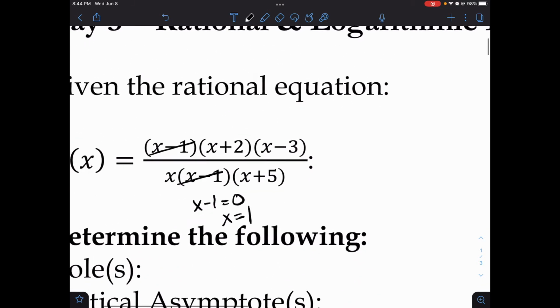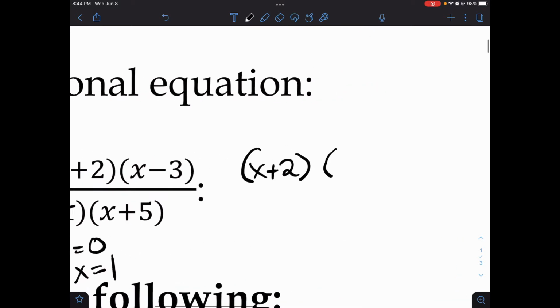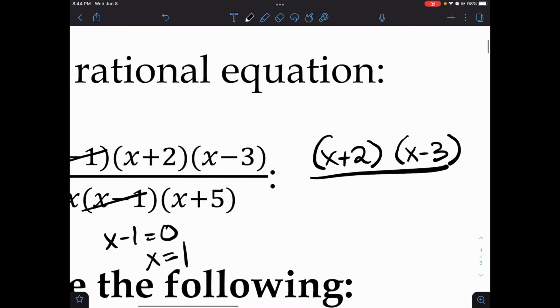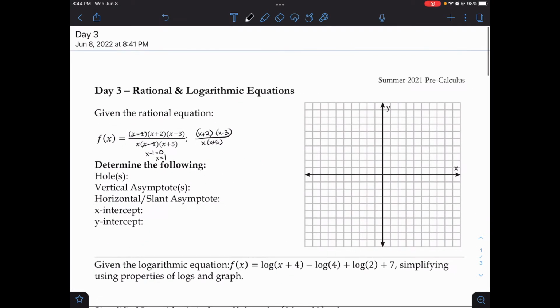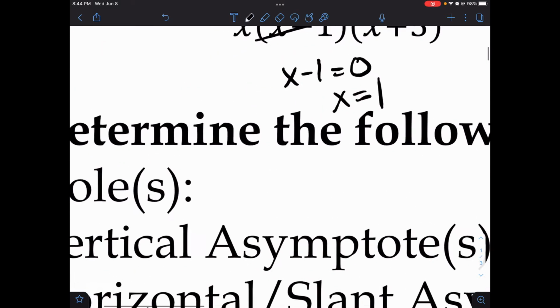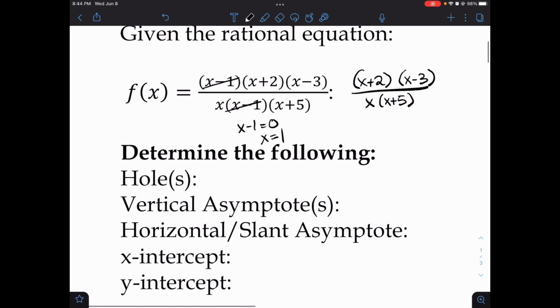Now let's write it out as a simplified function. x plus 2 times x minus 3 over x times x plus 5. Okay, so first it asks for our hole. If we have a hole, it's pretty easy to figure that out. And then if we plug it back into our simplified equation, we can find out what the exact coordinate of that hole is.